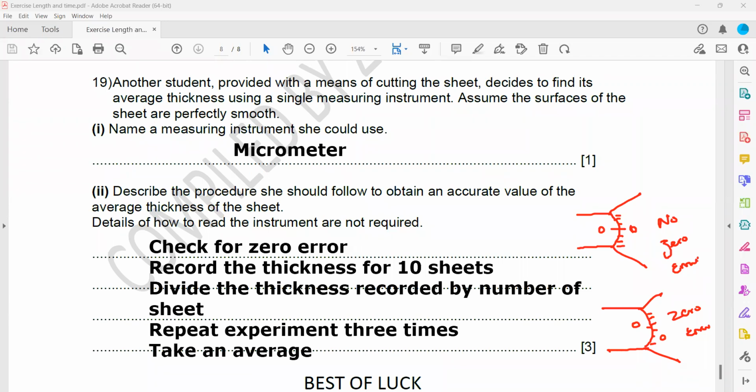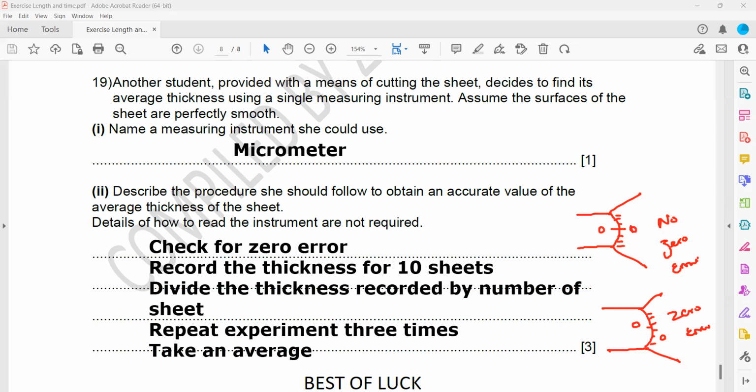So this is how the marks are distributed for this question: mentioning check for the zero error, then measuring the thickness from several places or sheets and taking an average. If you write one sheet, measuring the thickness for one sheet, you will lose a mark.